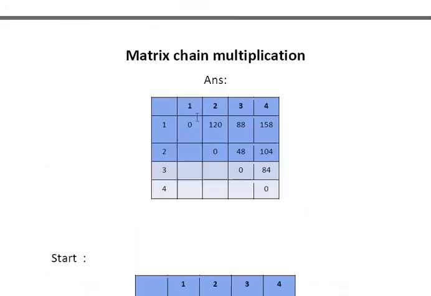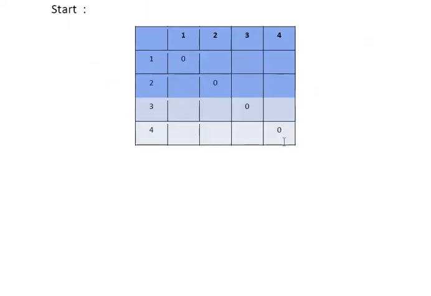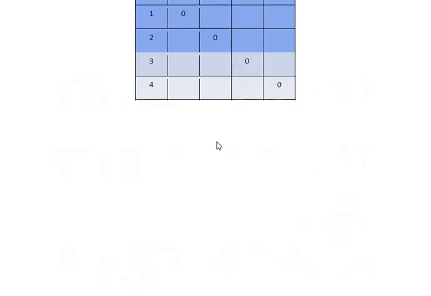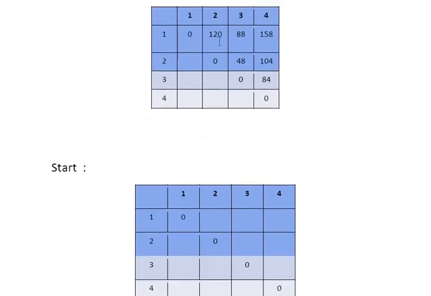You have seen that here P2 is 6, 5 and 4. So now you multiply the values. So now the final answer you have seen is 120. So now you put 120 here. We already put the final table 120. So now this is the importance.